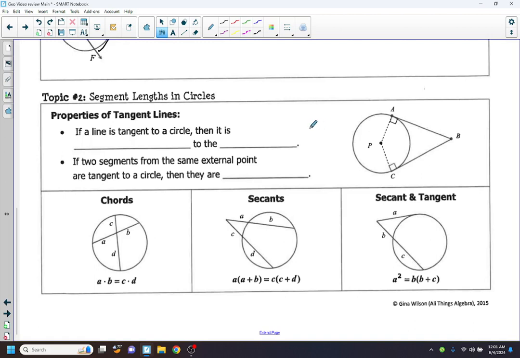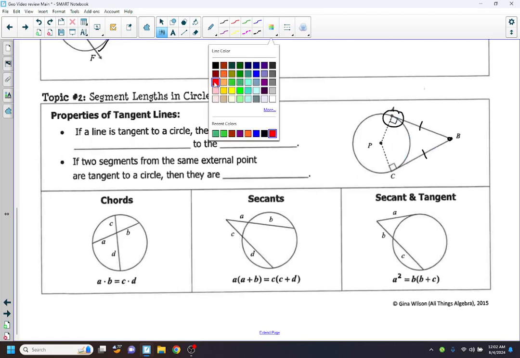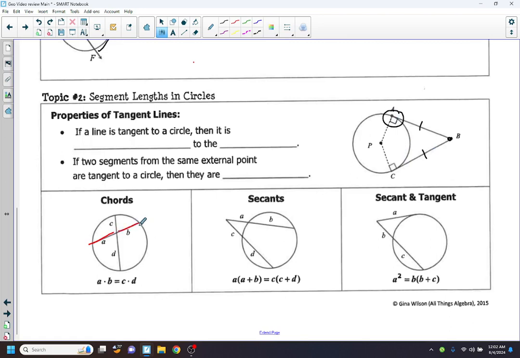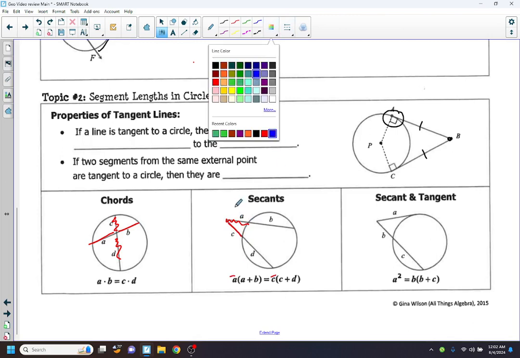If a line is tangent to a circle, it forms a right angle. That's what you need to know about it. Also, if they both hit the same point, then you know these 2 pieces are equal if they're both tangent. And then from these rules, it was just piece times piece gives you the other piece times the other piece. So A times B gives you C times D. And when you have things on the outside of the circle, it's going to be the outside, A, times the whole thing.